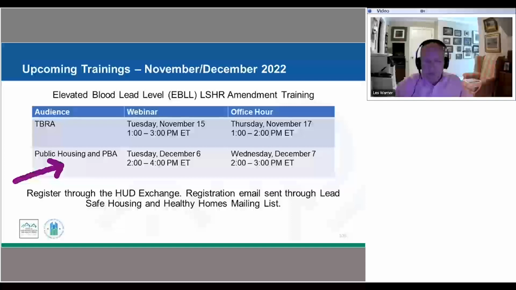And I believe that registration is open at this point, and yes, it is, on the HUD Exchange. So we encourage folks, Chris very briefly went through that in yesterday's training, but if you are the person that might be responsible for implementing that, I think you probably need that more extended version of that coverage.